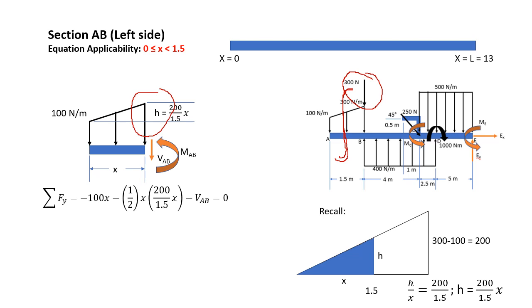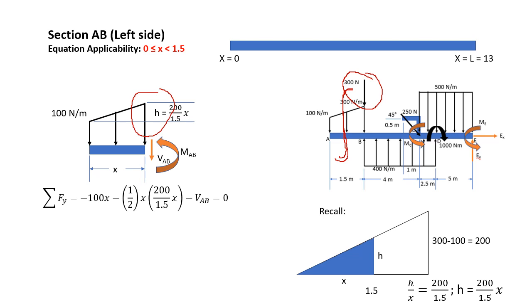Okay? So here is our summation of forces along y. I use the old convention of upwards positive, downwards negative. So that the rectangular force, negative 100 times x. X is the base, 100 is the height. And for the triangle, it's 1/2 base times height.